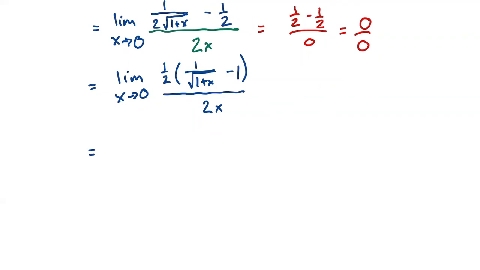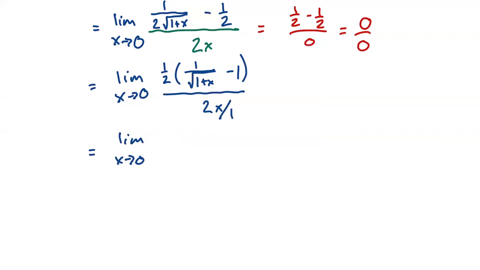So you could consider the limit as x approaches 0. And remember, this compound fraction is quite a bit to look at. So you're like, okay, I'm dividing by 2x. So this would be the same thing as multiplying by the reciprocal, 2x over 1.